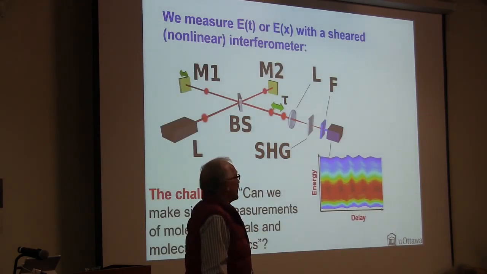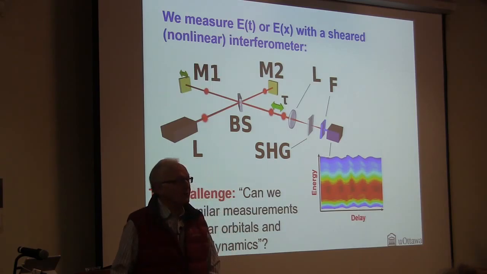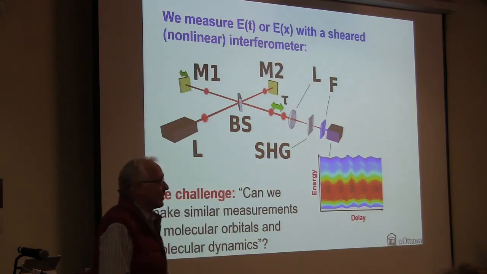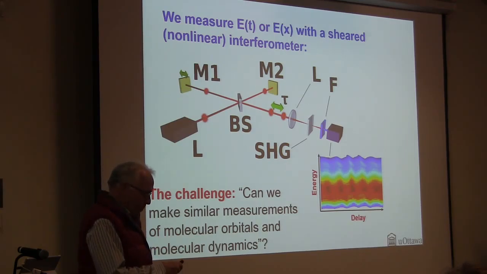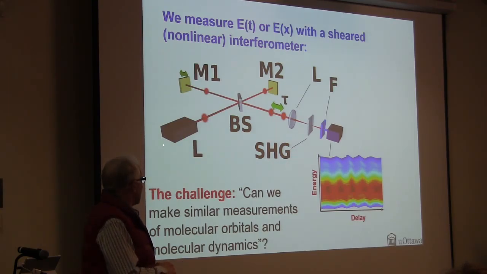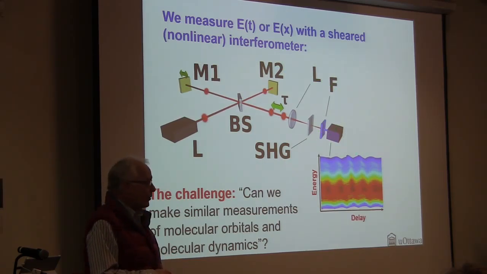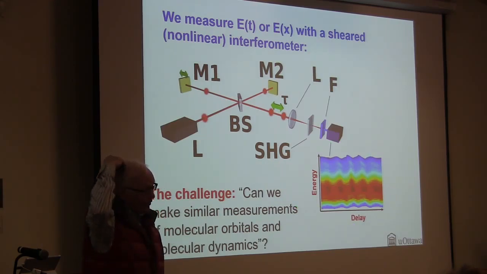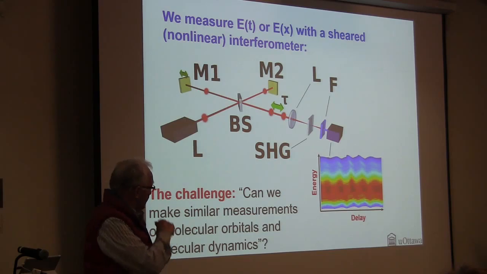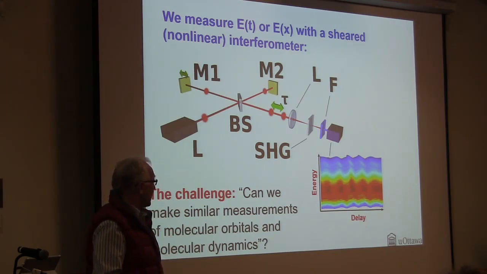Now, I put this figure up very close to the end of my last talk. And I want you to look at it for a minute. This is an interferometer. If I make this a spectrograph there, and I put an image of a spectrum, actually I took it from a photoelectron spectrum, but it's a spectrum as a function of time delay.